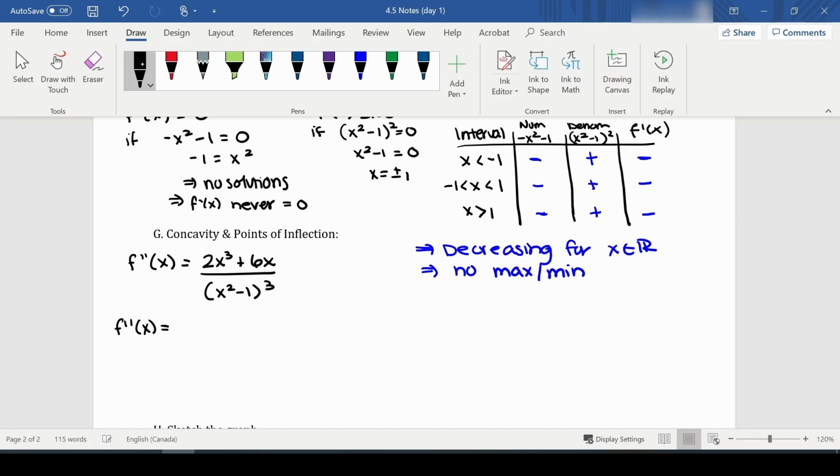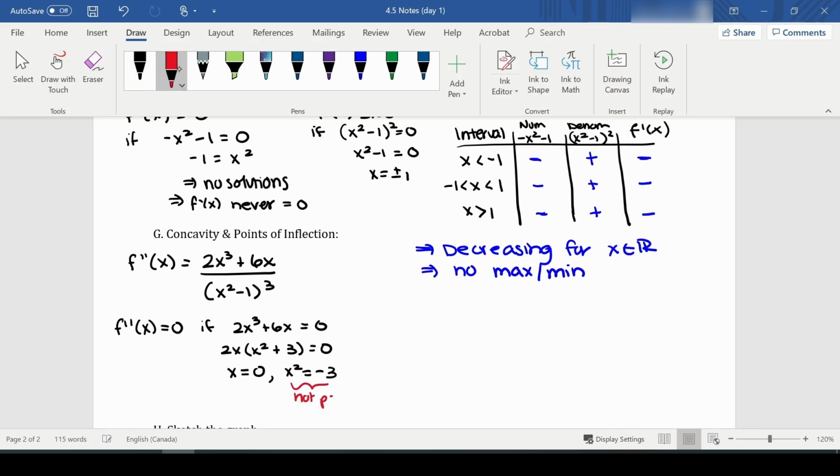So f double prime equals 0 if 2x³ + 6x equals 0, or 2x times (x² + 3) equals 0, which means either x equals 0 or x² equals -3. This is not possible. So I just have x equals 0.